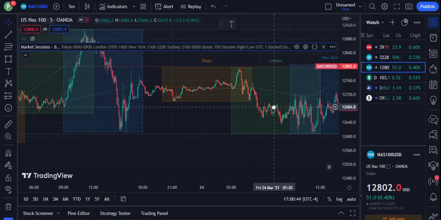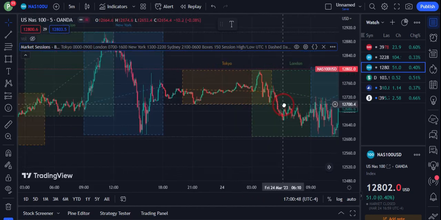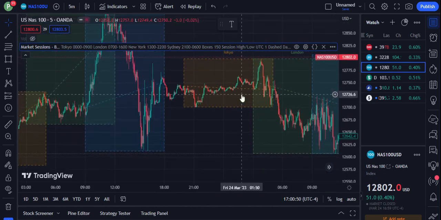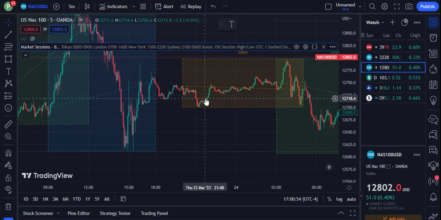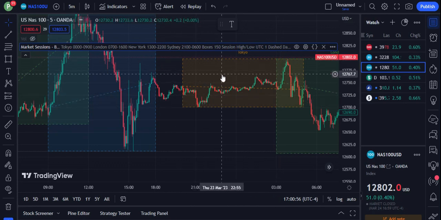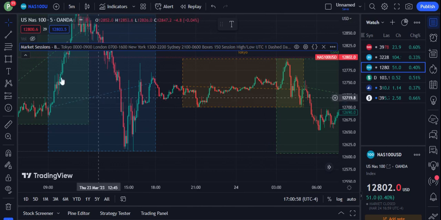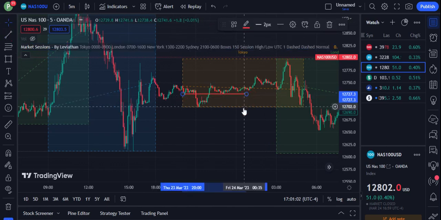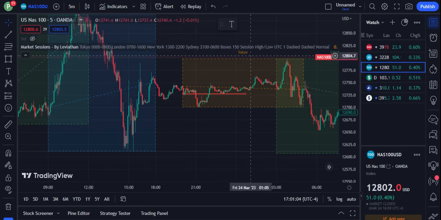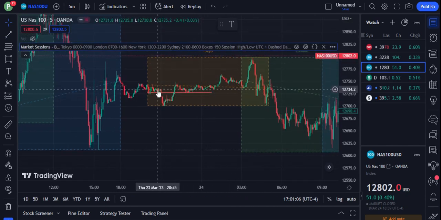Let's say I'm looking for a bullish day. I actually was bullish today. What I want first is for price to be pushed up to clear liquidity. So I want there to be a liquidity grab within the Asian range. This is the Tokyo Asian range.